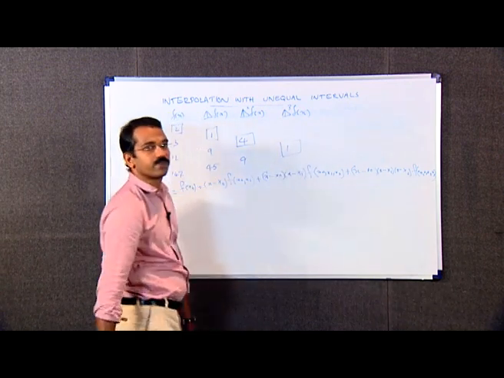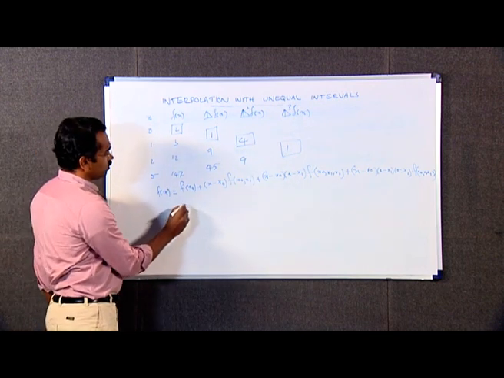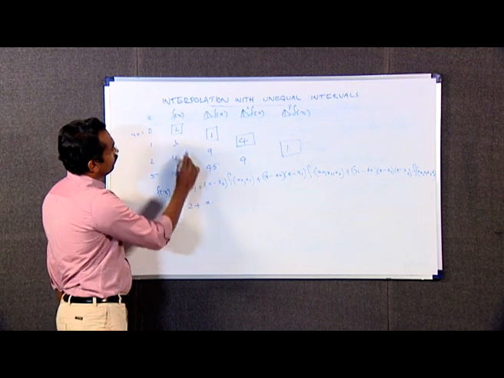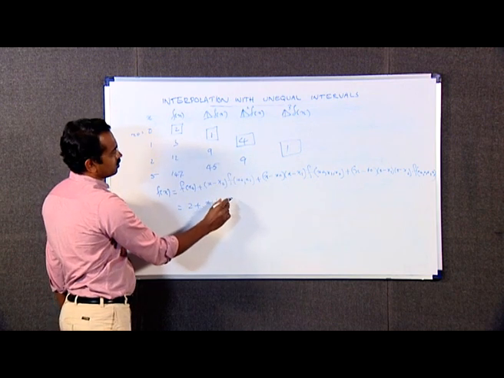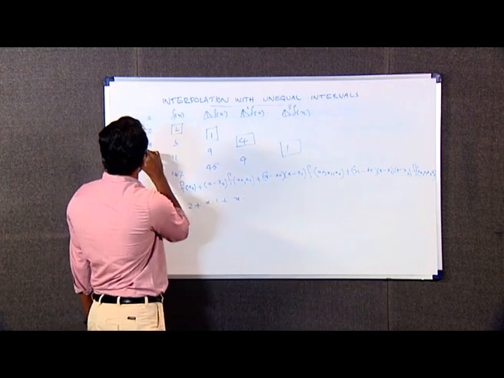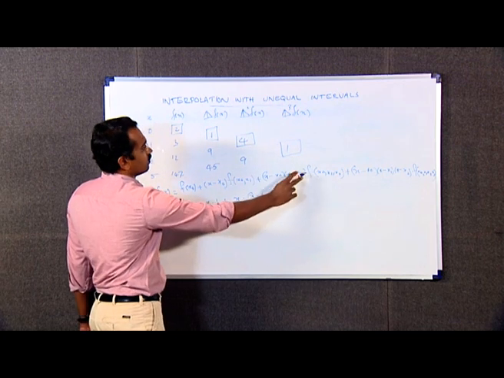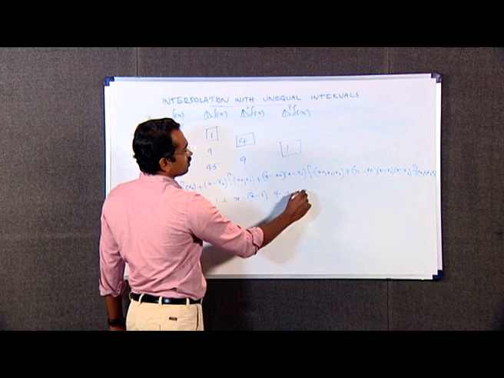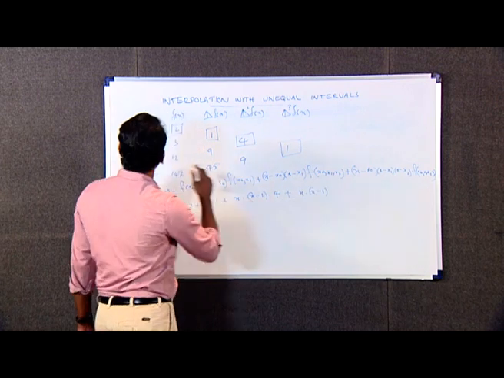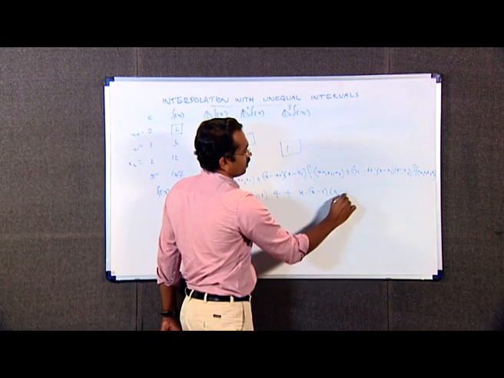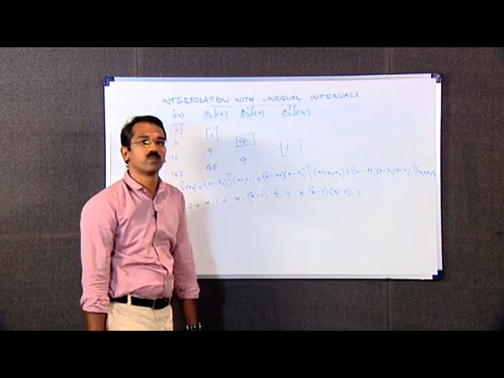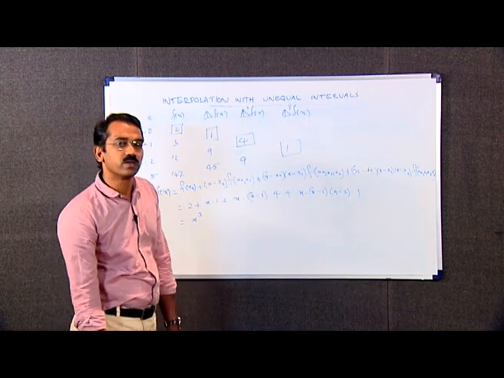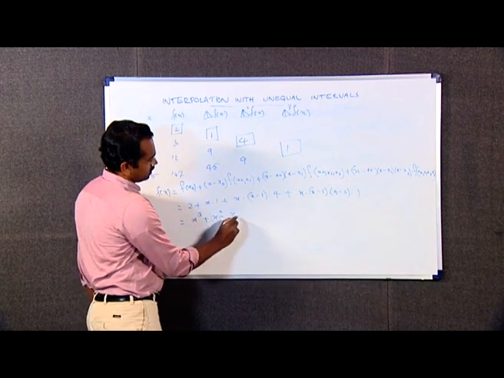On substitution, we will get f of x is equal to 2 plus (x minus x naught, here x naught is 0, therefore x) into f of x naught x1, which is 1, plus x into (x minus x1) which is (x minus 1), into this divided difference, which is 4, plus (x minus x naught is x) into (x minus 1) into (x minus x2 is x minus 2) into 1, which is equal to, on simplification, a third degree polynomial: x cube plus x square minus x plus 2.